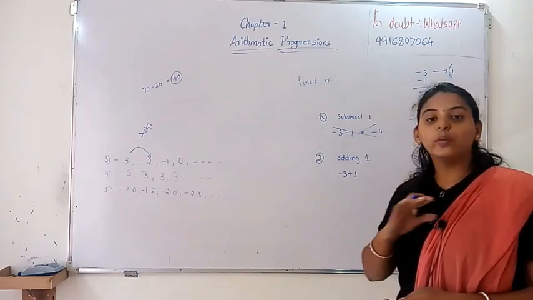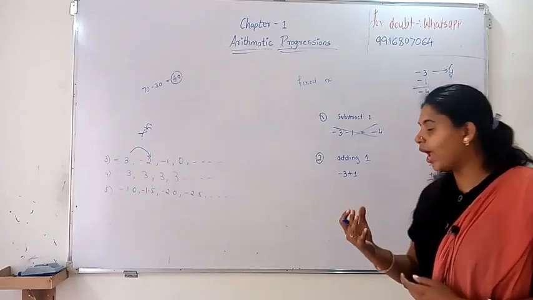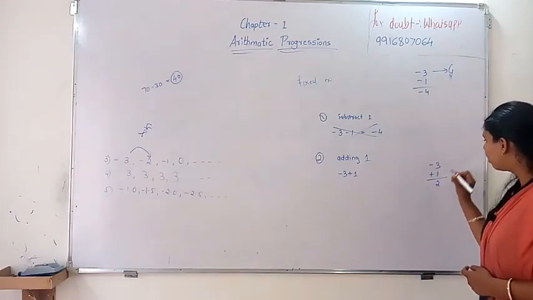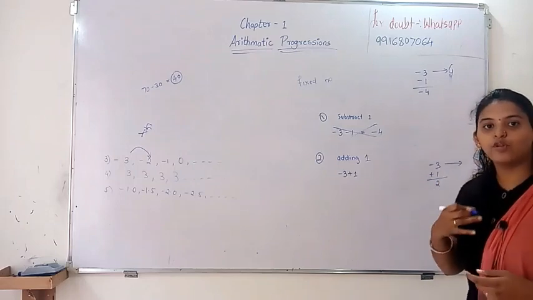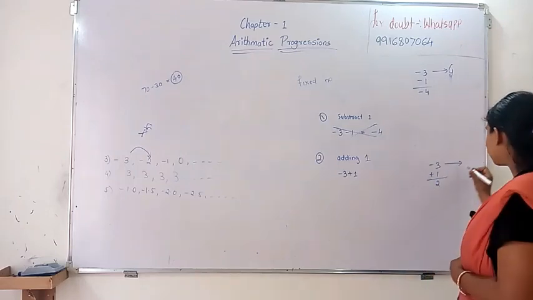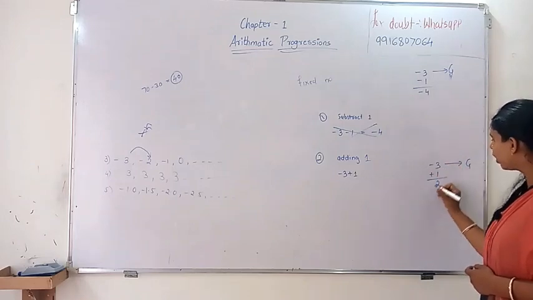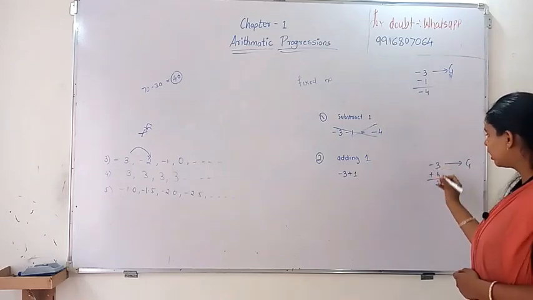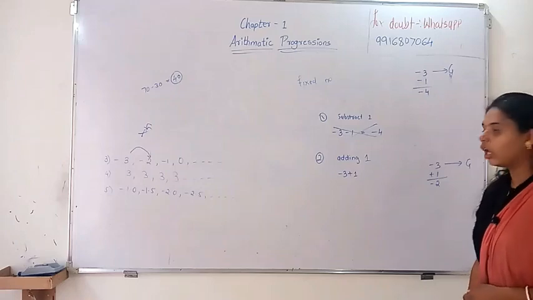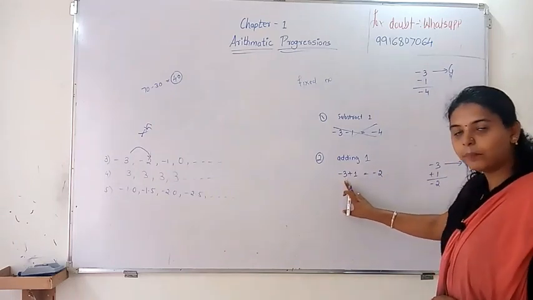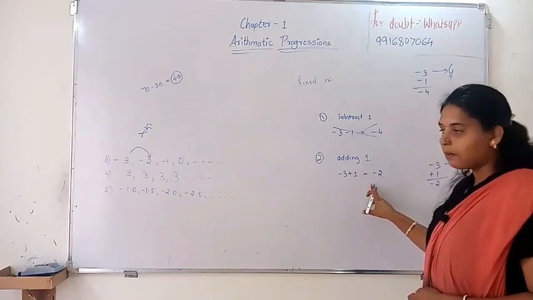I refer you, don't put sign first. First you subtract the numbers, like 3 minus 1 is 2, and then greater number sign we have to put. So which is greater number? 3 is a greater number, so you can put 3 का sign. 3 का sign क्या है? माइनस है. So we are getting here -2.